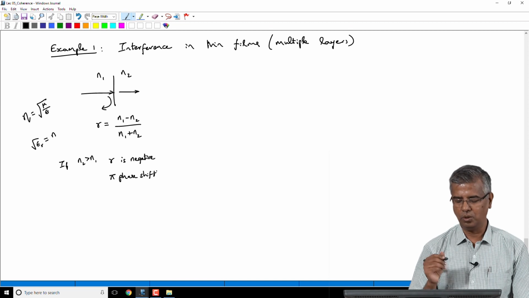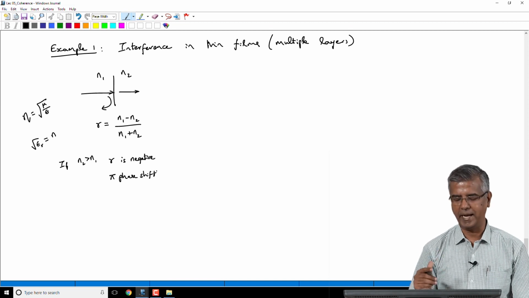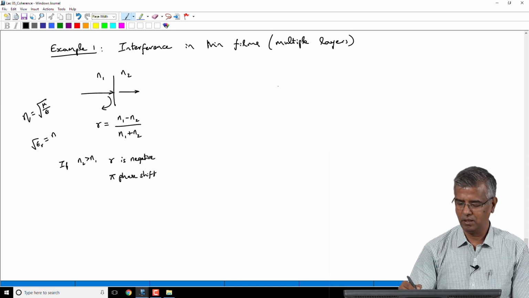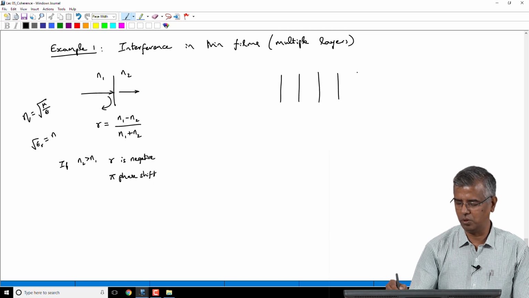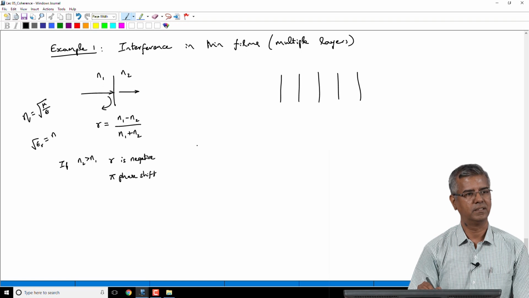Okay, so we are going to track as light goes through multiple layers.